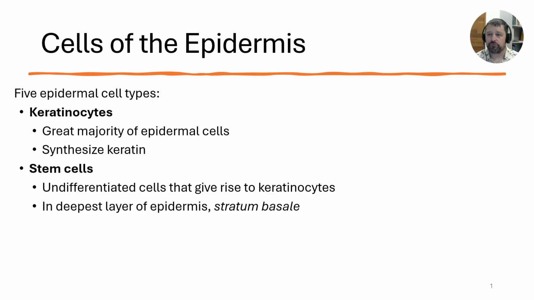Stem cells, we've talked about stem cells before. We're going to talk about stem cells again and again and again. There are stem cells in the epidermis, particularly in the stratum basale. That's the last layer, the deepest layer of the epidermis, and that's where the live cells start. These are juvenile, undifferentiated cells.